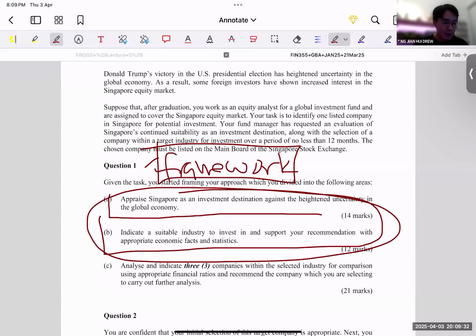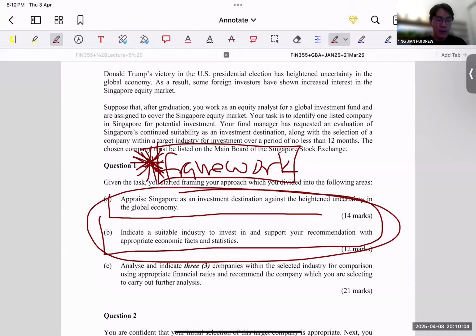I will put a star here for framework, because for the qualitative side of things, it's very easy to just do research on Google or ChatGPT and get information. But while that information might be relevant, it might not be comprehensive enough, whereas a framework will allow you to comprehensively explain the macro environment.